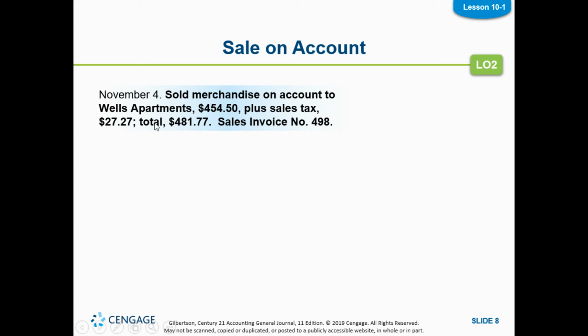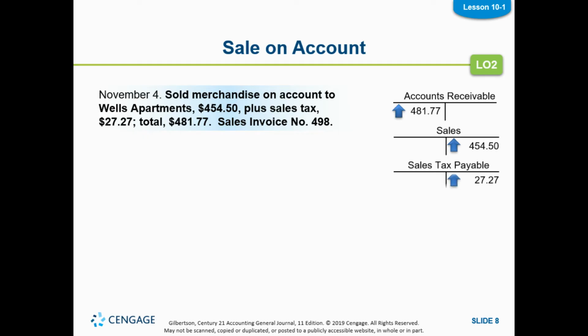I just had to do that math in my head, for a total of $481.77. So the sales price of the goods was $454.50. We added a 5% sales tax. Our customer has to pay us in the future a total of $481.77. Sales invoice number 498. Okay, so we would record that with a debit to accounts receivable, a credit to sales, and a credit to sales tax payable.